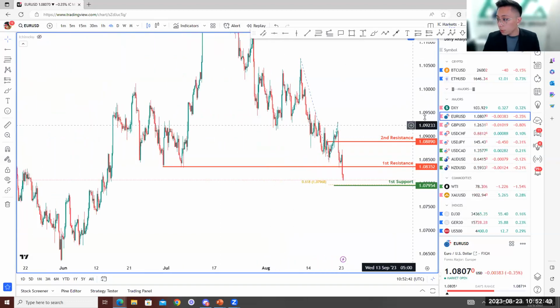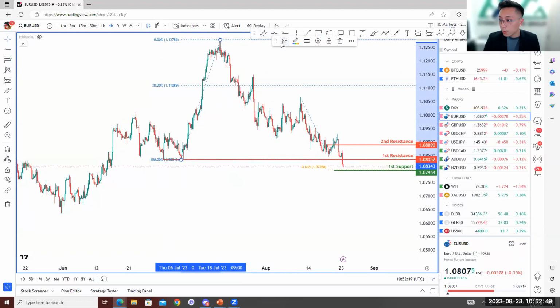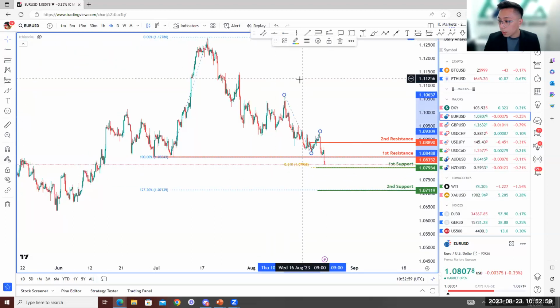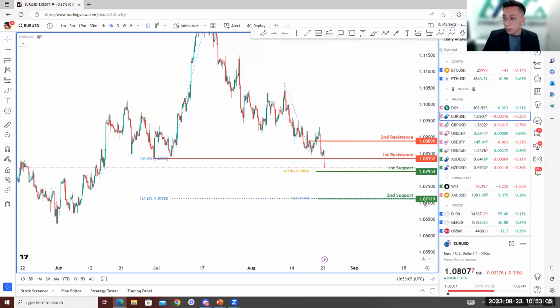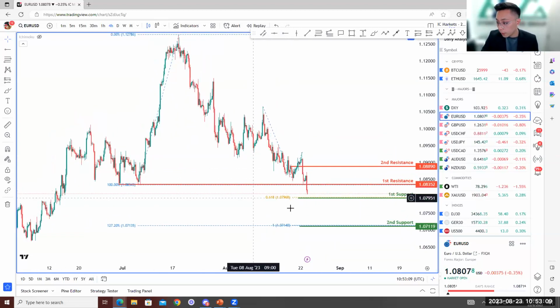So now we have a clearer view. Okay, if we draw a Fibo from here to this high, where is our 127? So we have our second support over here. See, very simple. We have our 61.8% projection right here at our first support.